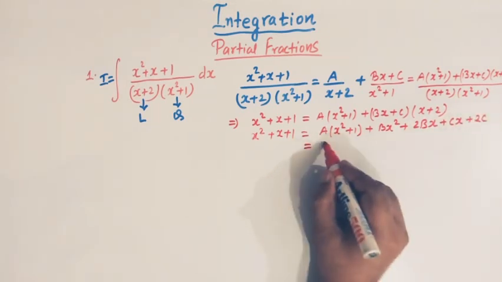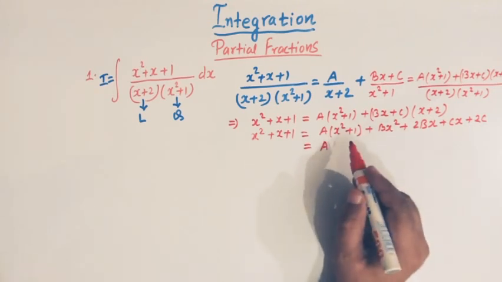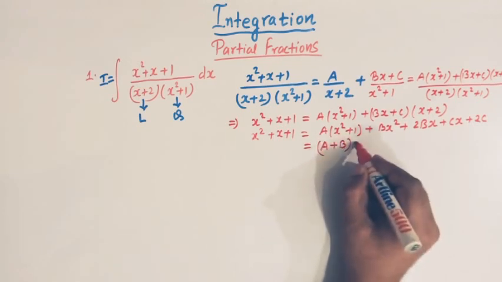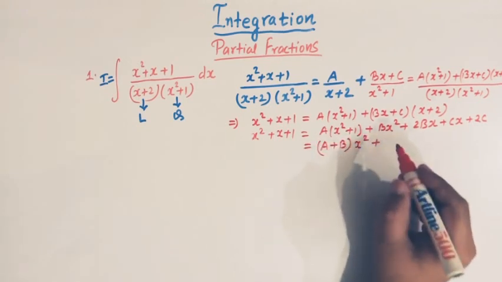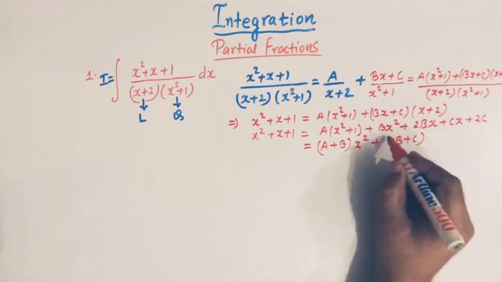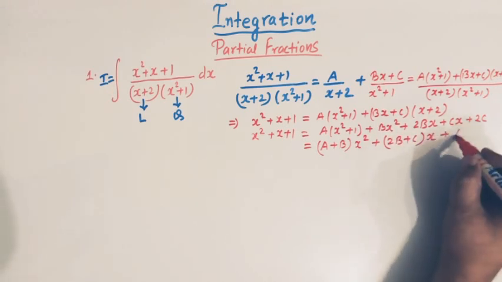So collecting the coefficients, we have a plus b times x square, then we have 2b plus c times x, and the constant term is a plus 2c, right?